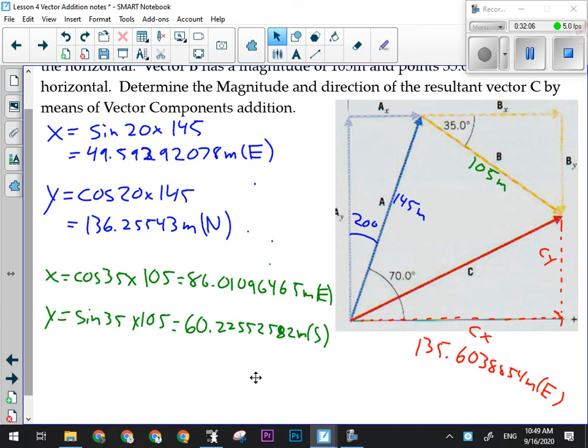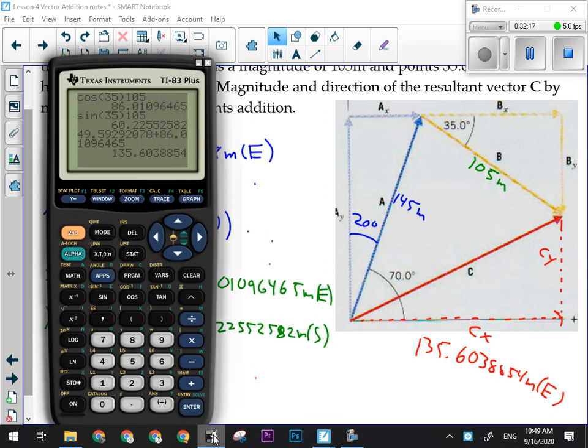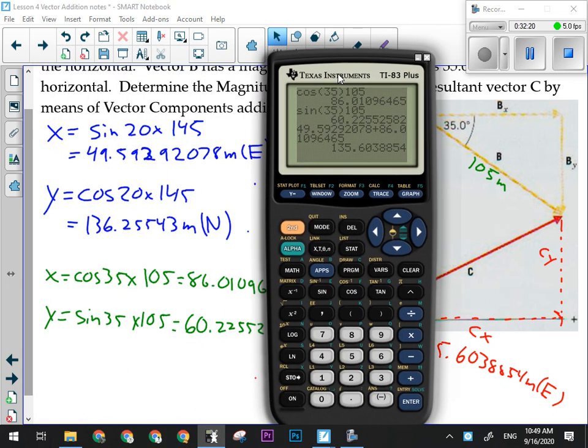Okay, and then for the Y's, one of them goes north, the other goes south. So one of them has to be negative. So it'll be the 136, and I'm just going to put minus our 60.22552582.